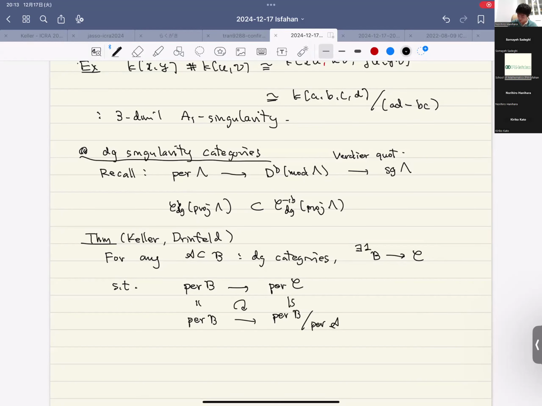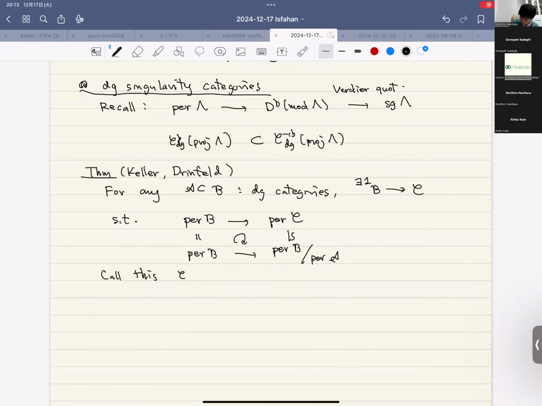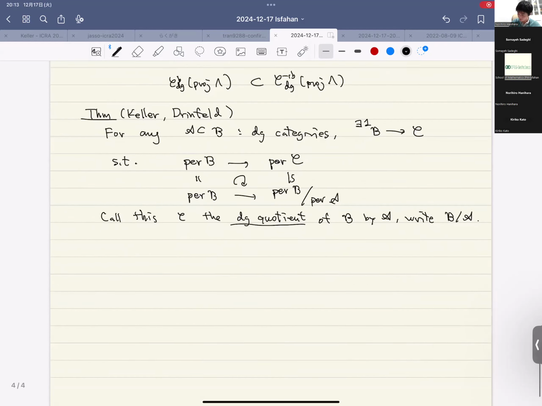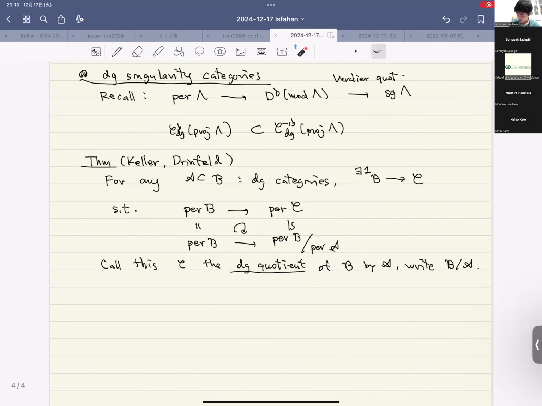We call this C the DG quotient of B by A, and write it as B modulo A. So by this theorem, it is clear that we have an enhancement of the singularity category.